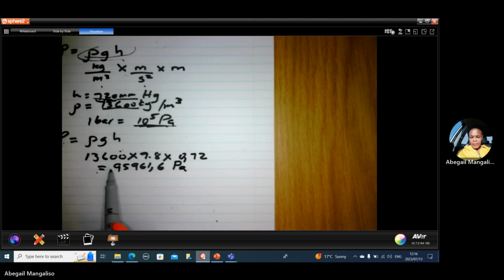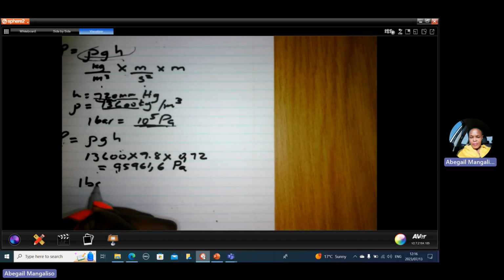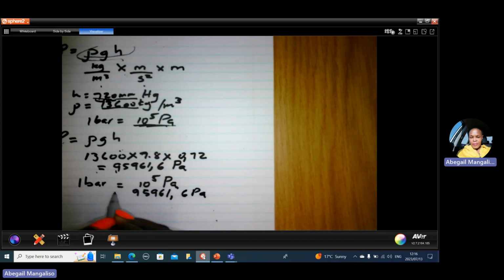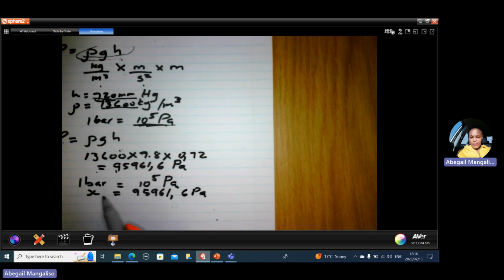Now we must change this to bars. What will this be in bars? It says 1 bar is equal to 10 to the power 5 pascals, but we want to convert 95961,6 pascals into bars. Let me put this pressure P in bars.